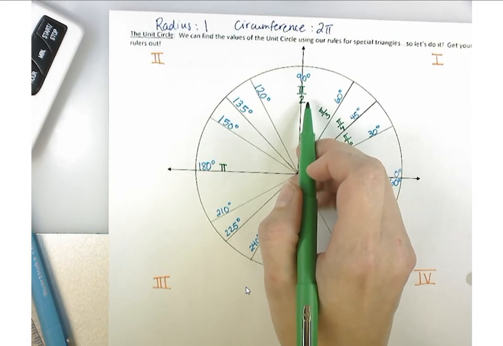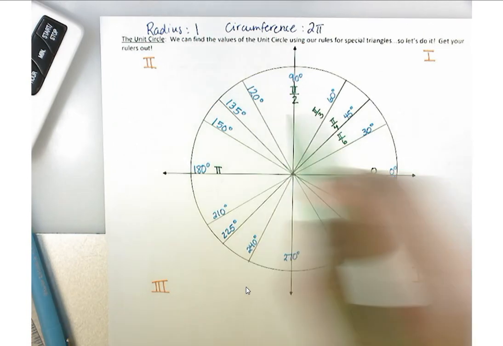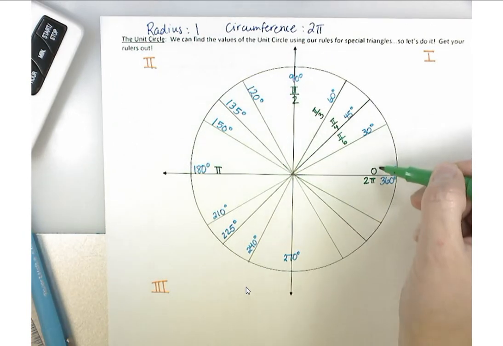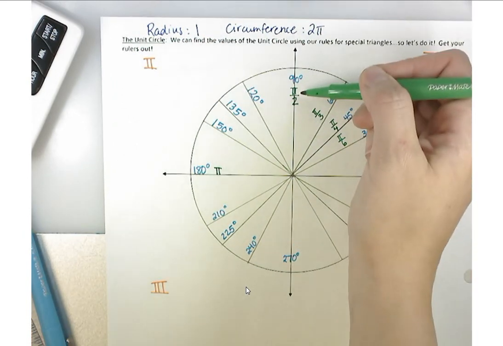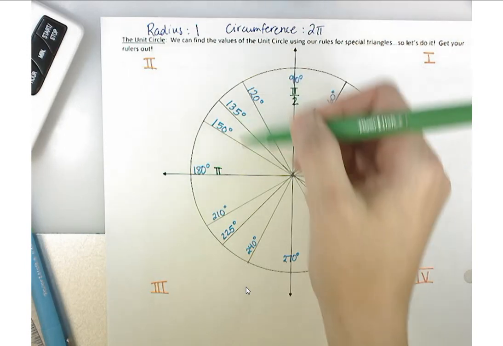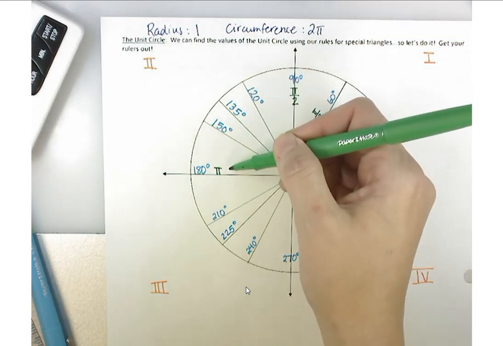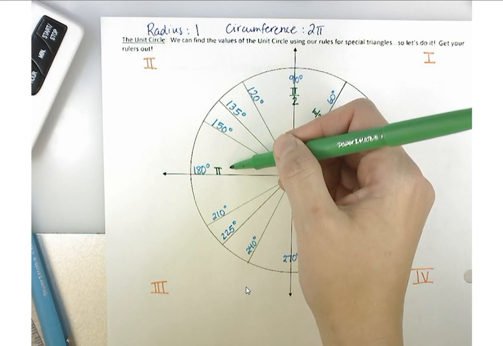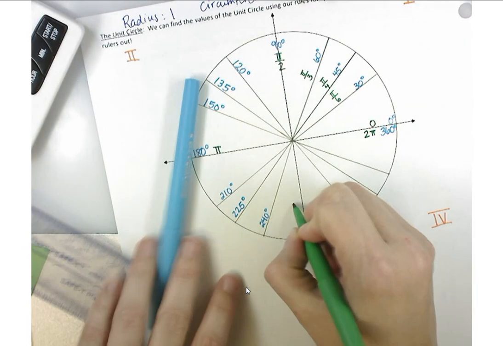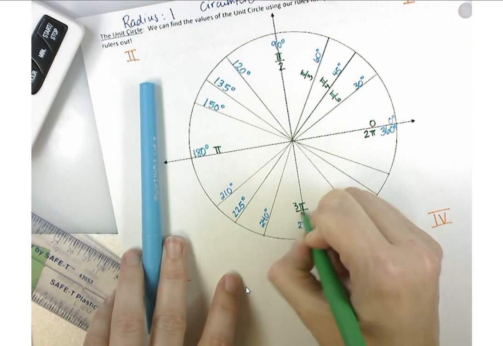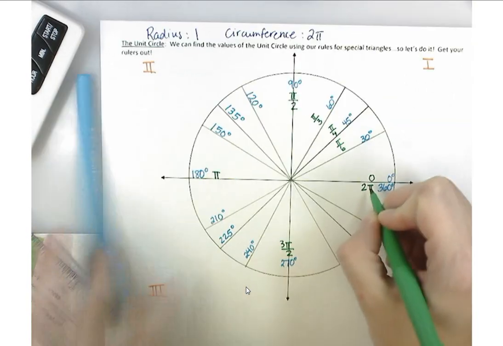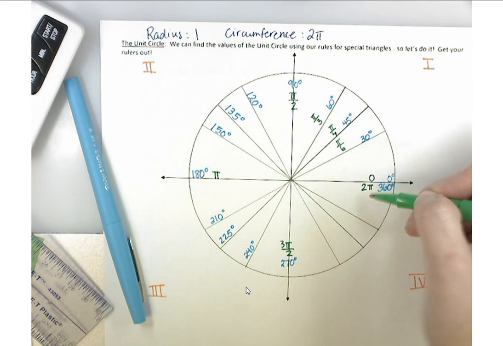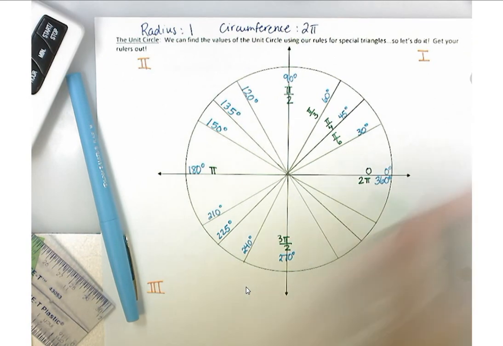Okay, so every 90 degrees is where I'm going to count. So I start here at 0, and then this would be 1 pi over 2. If I go another 90 degrees, I'd be at 2 pi over 2. What is 2 pi over 2 reduced to? Pi. If I go another 90 degrees, I'd be at 3 pi over 2. And if I go another 90 degrees, I'd be at 4 pi over 2, which reduces to 2 pi.